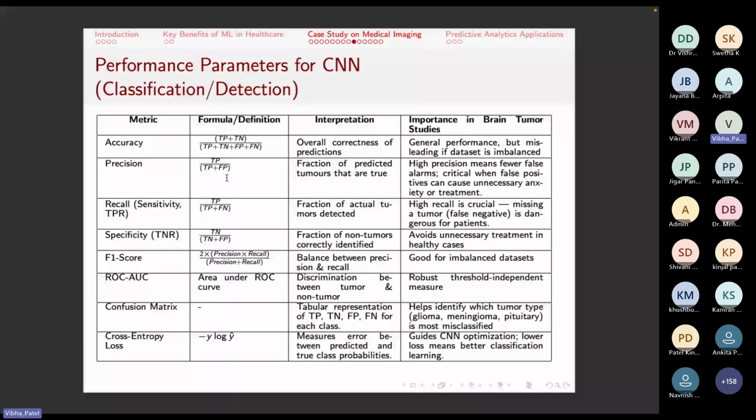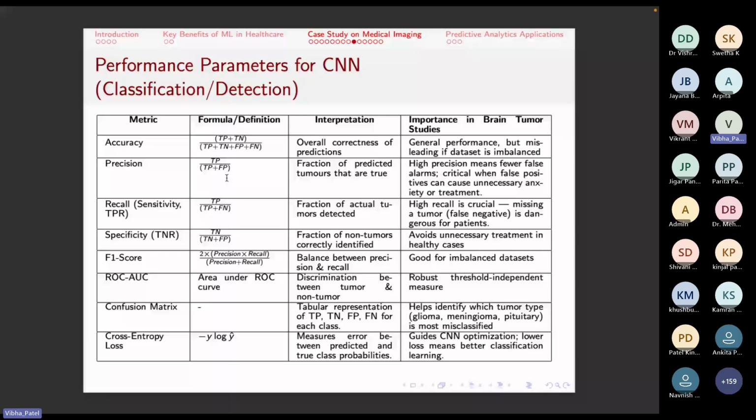If recall is not up to the mark, then the system is not acceptable, because you are not detecting a person who is actually suffering from the disease, which in turn will delay the medication to the patient and may have a very huge impact on the patient's survival. So the relevance of recall as compared to precision is even much more.